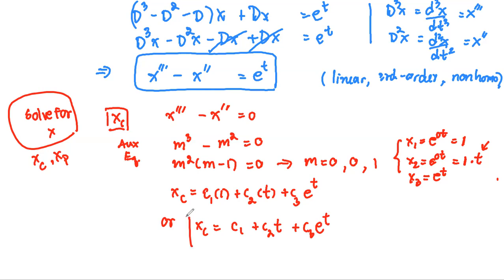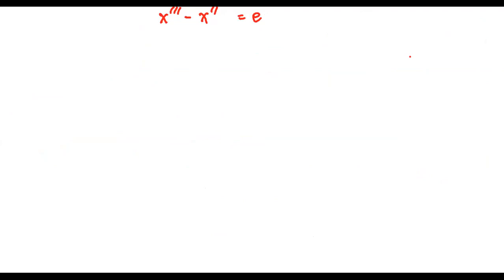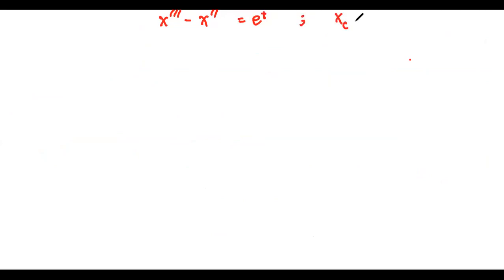And next, we're going to find the particular solution xp. So from x triple prime minus x double prime equals e to the power t, and also xc equals c1 plus c2 times t plus c3 times e to the power t, as from x1 equals 1, x2 equals t, and x3 equals e to the power t.